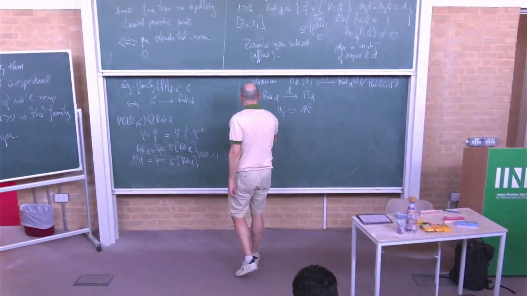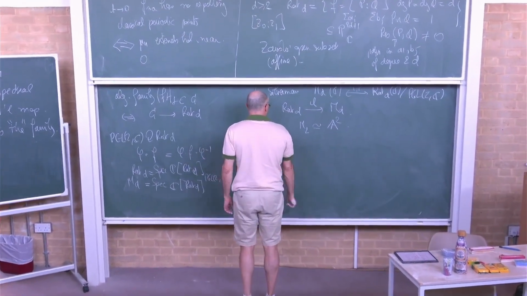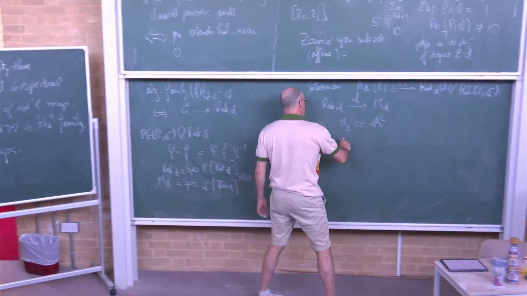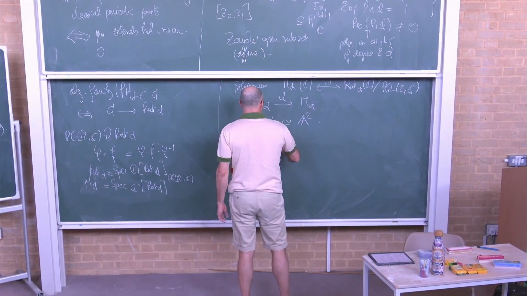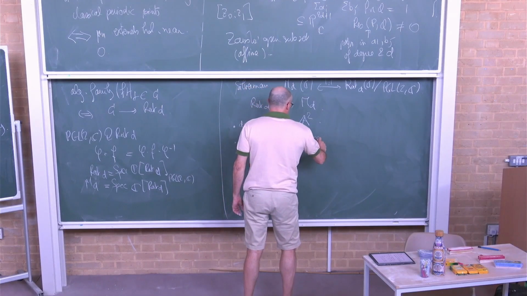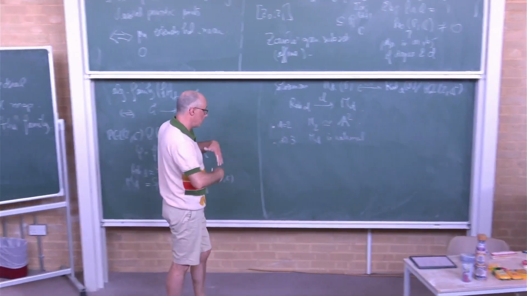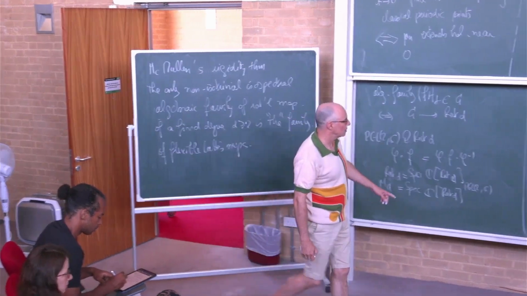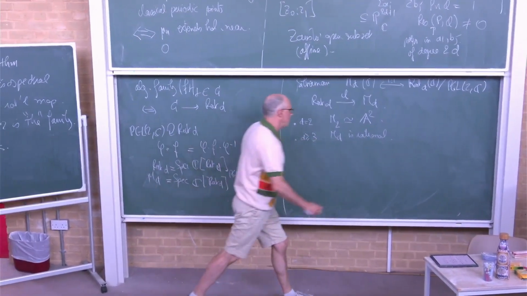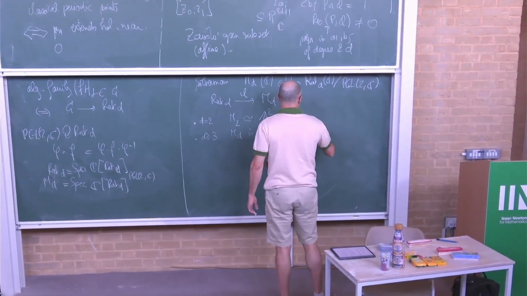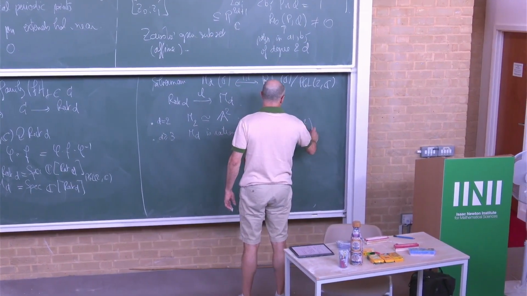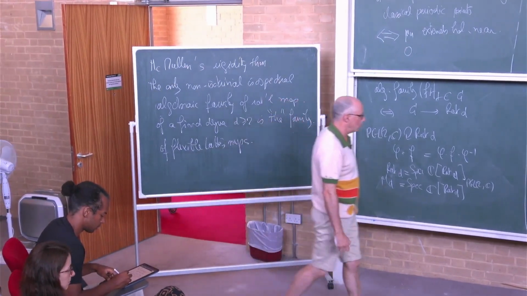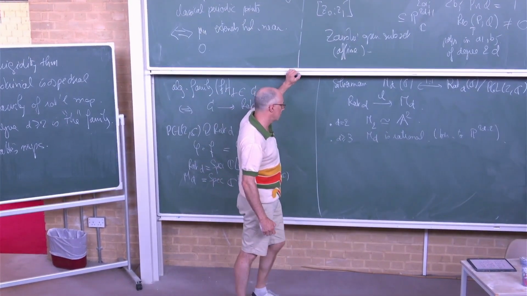And when D is greater or equal to 3, the situation is a bit different, but still there is a theorem by Alan Levy saying that M_D is rational. So it has dimension 2D minus 2, and it's birational to P^{2D-2}. It's quite a non-trivial theorem, and I don't think that in higher dimension this is known.